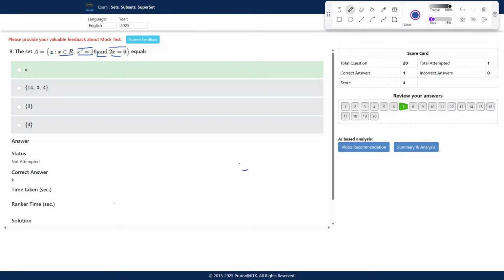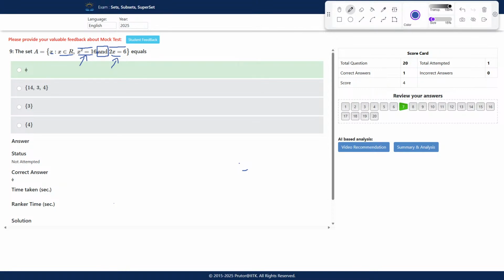This word and represents that you have to look for the element, or a real number, which satisfies both of the equations. Clear? So in this context, your set will be empty.